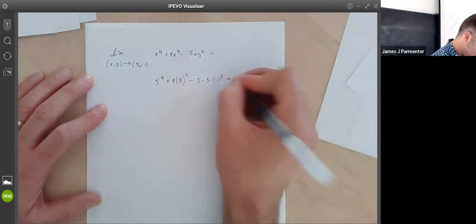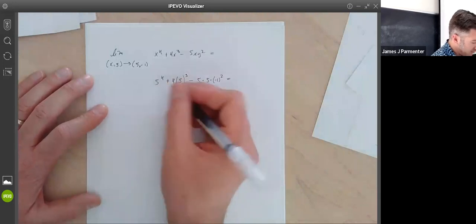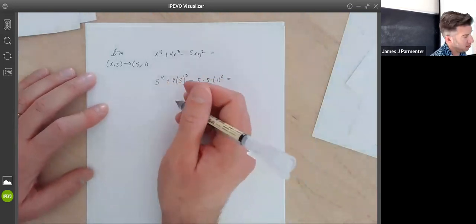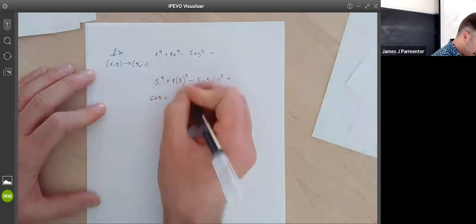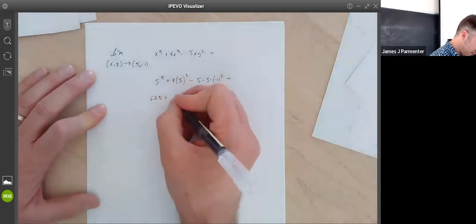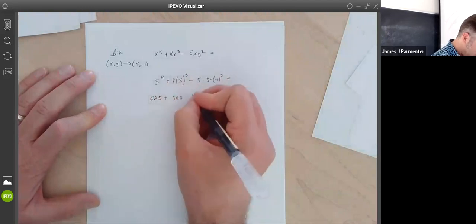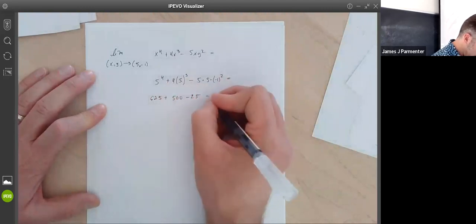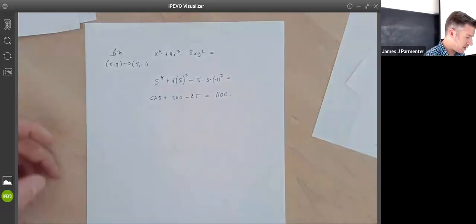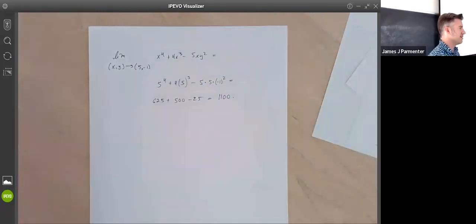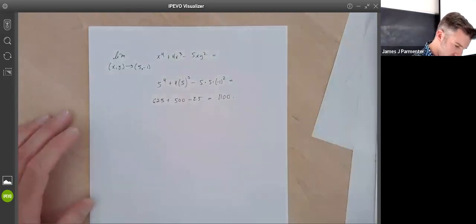So that's going to be 5 to the 4th, which is 625. And then 5 cubed is 125, times 4 is 500, minus 25. So we end up with 1100. I feel like kind of big numbers for not having it, but I mean, they're not unreasonable, I suppose.